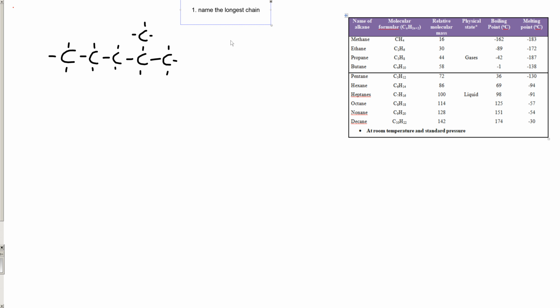What I mean by that is find the longest chain of carbon atoms, without counting branches. The second thing we need to do is describe any branches. This means tell me what kinds of branches there are.